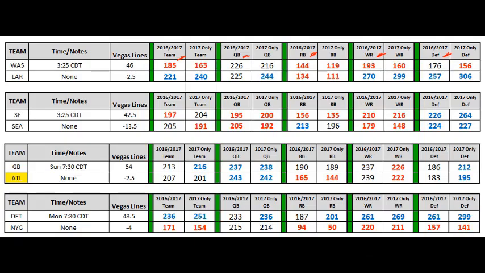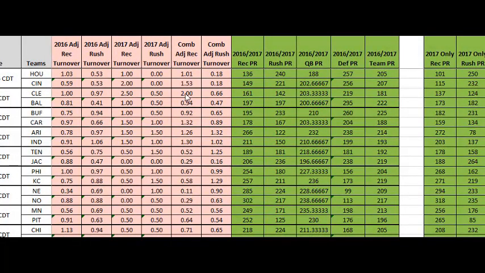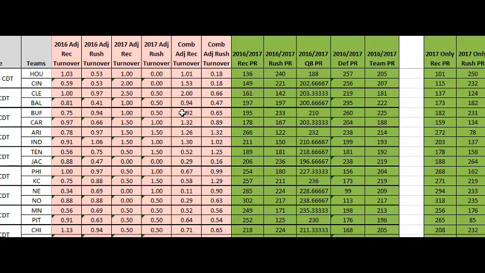So if I jump over here to my spreadsheet, again, this is going to be fairly informal. Here you see all these numbers, and we spent a good year and a half or 2 years putting these numbers and these algorithms together.